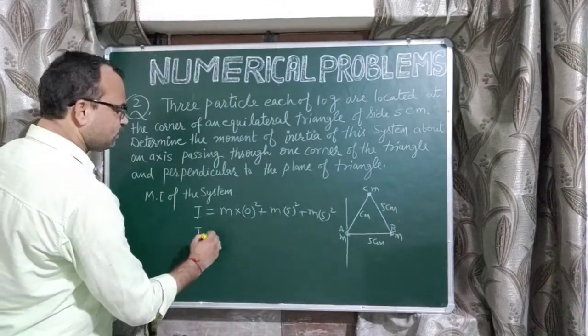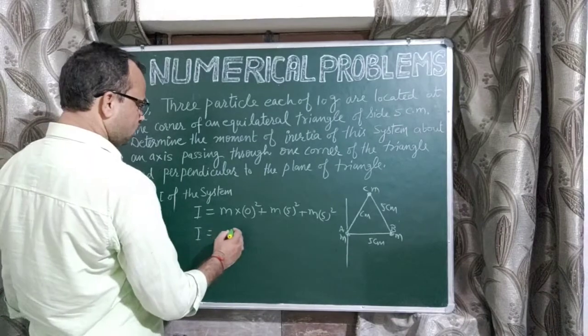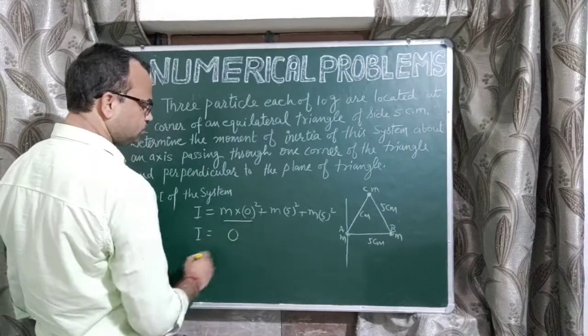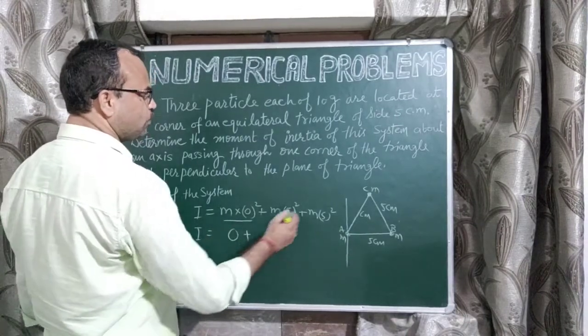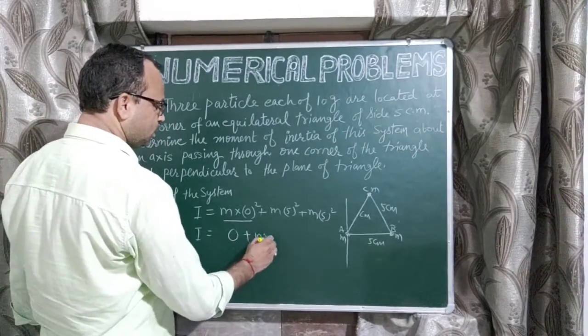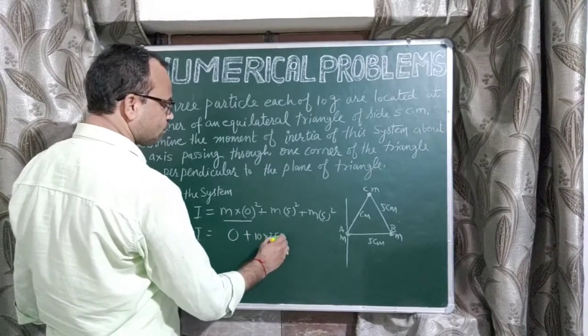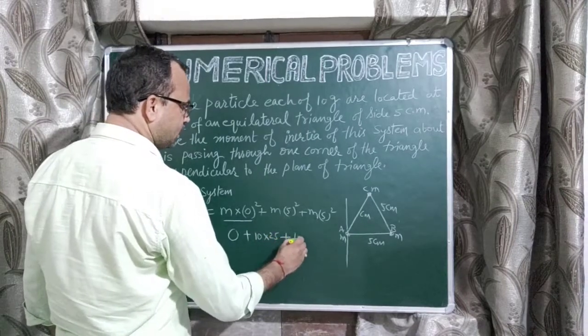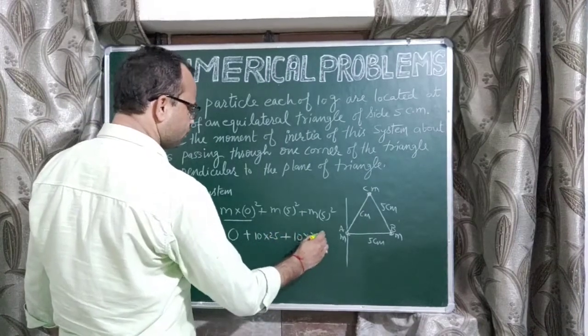Now on solving this, the first term is 0 plus the value of mass, which is given as 10 gram, so 10 into 25, again 10 into 25.